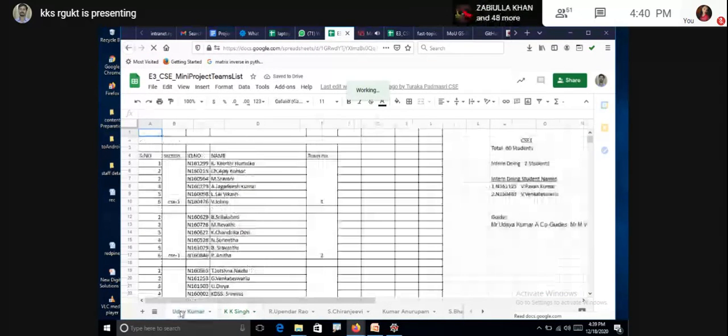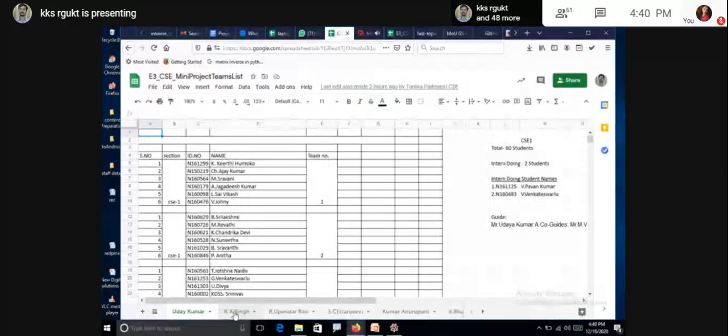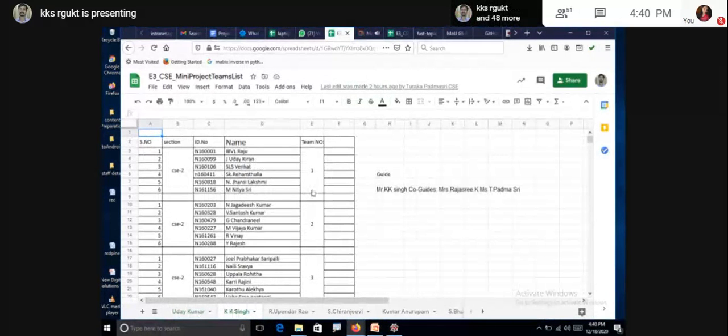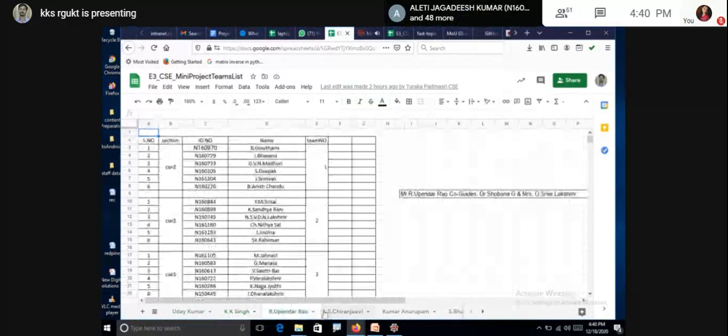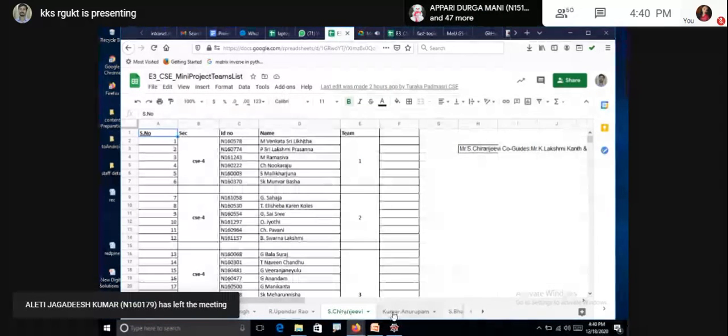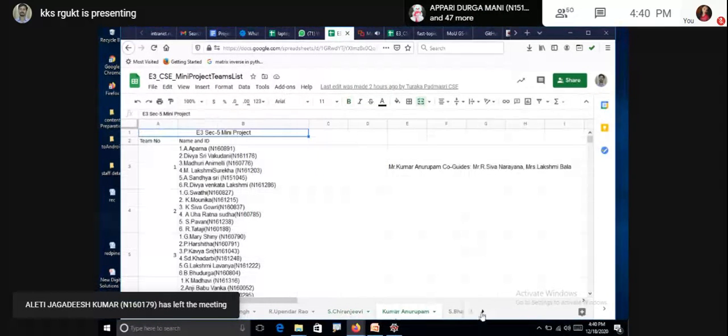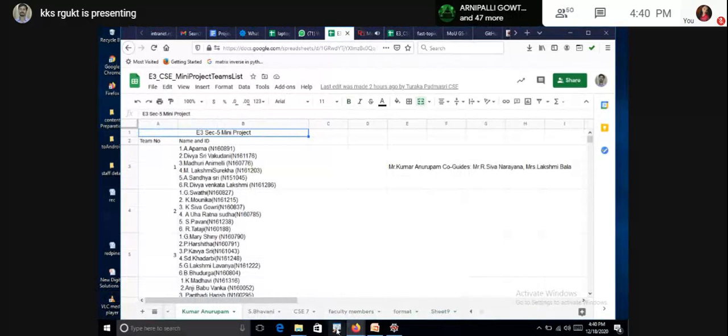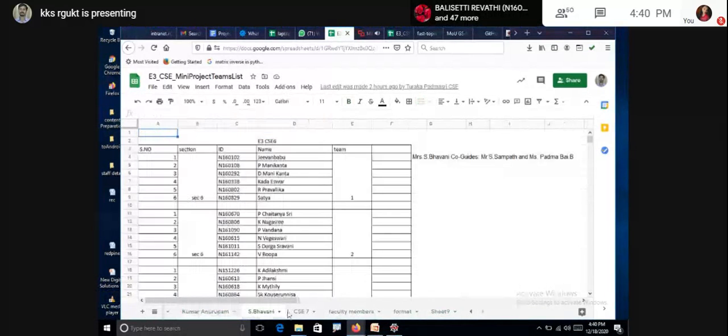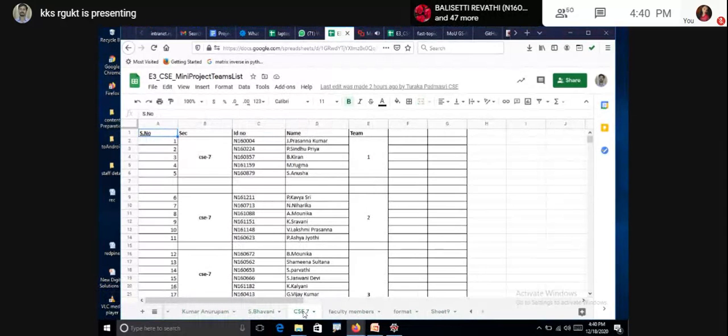Section 1 is given to Uday Kumar. Section 2 is under me. Section 3 is under Okandar sir. Section 4, Chiranjeevi sir. Section 5, Kumar Anurupam. Section 6, Bhavanu madam. Is there any section 7 also?